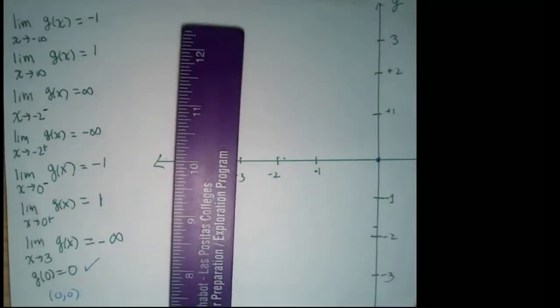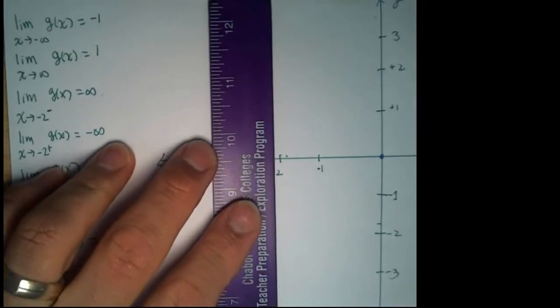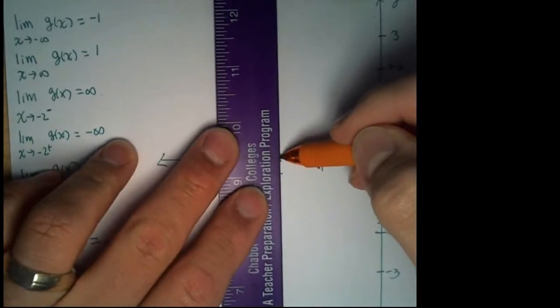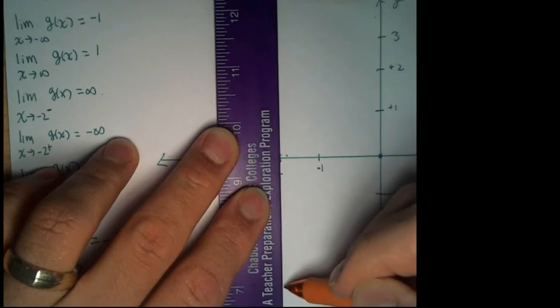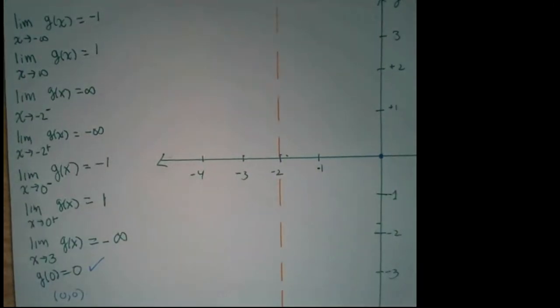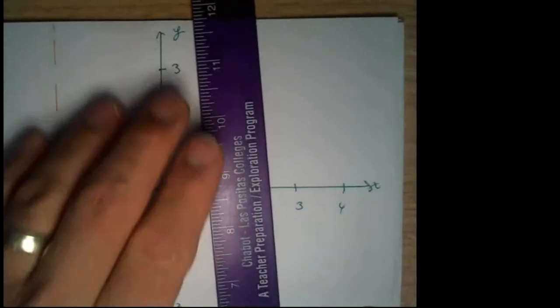So I have one at negative 2. The left and the right limit go in opposite directions, but it's still a vertical asymptote. And I also have one at 3.